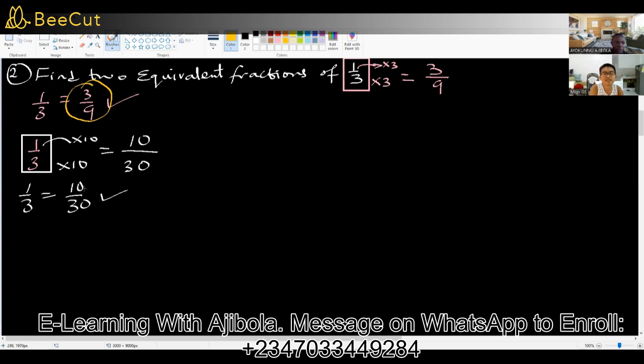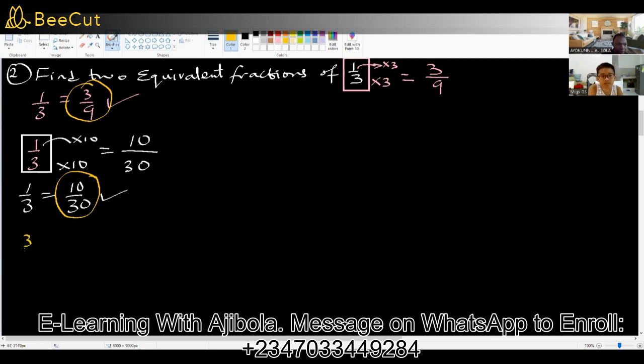What is our second answer? 10/30. So we can conclude that 3/9 and 10/30 are equal to 1/3, okay?